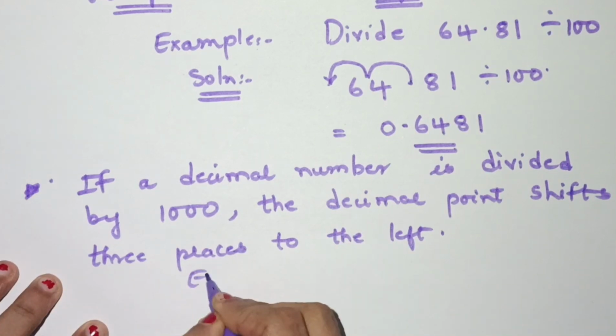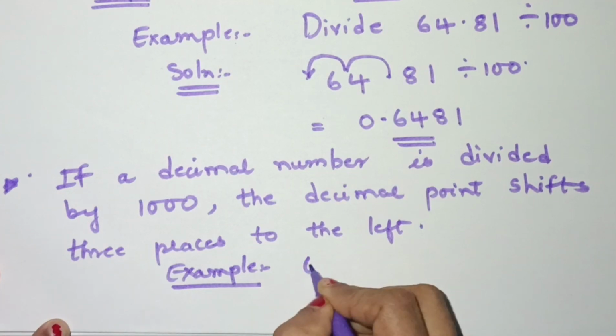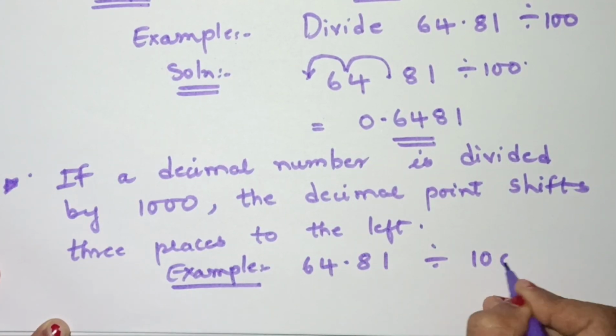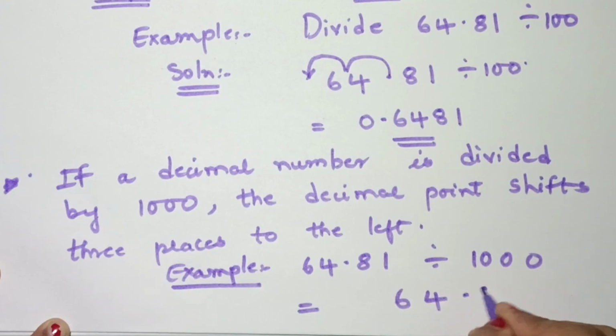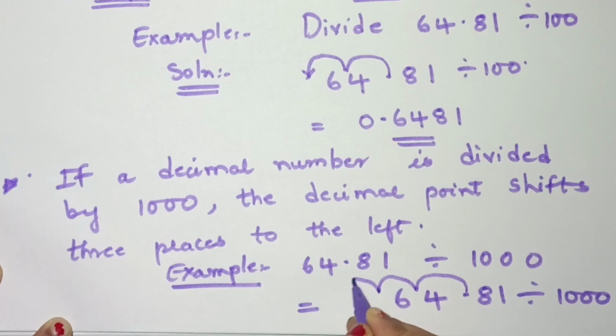Now let's see one example. 64.81 divided by 1000. How many zeros do you have? Three zeros. And what is your decimal number? 64.81. If it is divided by 1000, the decimal point shifts how many places? 1, 2, 3.